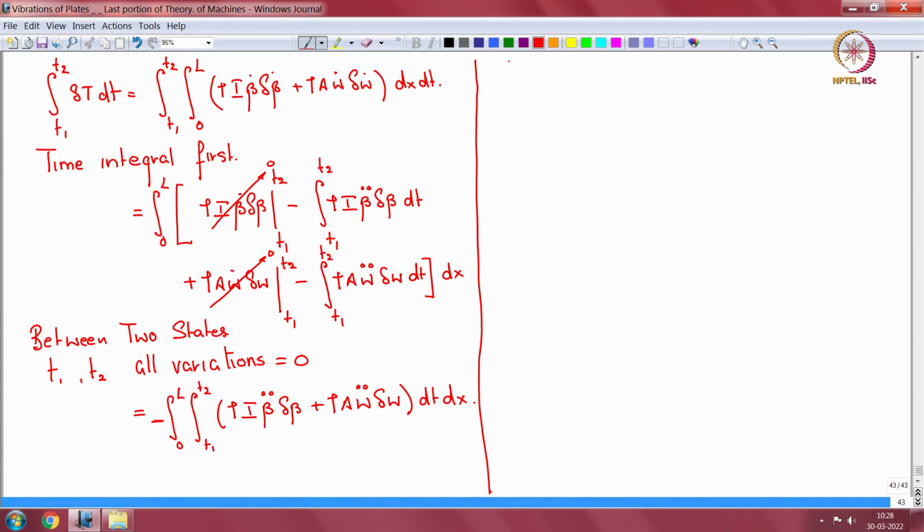I ignore the boundary terms in space also, and here the boundary terms went to 0. So I have T1 to T2 delta of u minus t dt, and that can be written as integral 0 to L, integral T1 to T2.